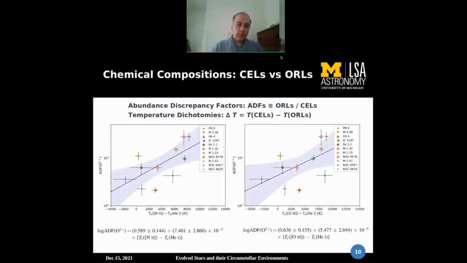Okay. And here you see the correlation between the abundance discrepancy factor and temperature difference, which is the difference between forbidden lines and recombination lines, helium-like.